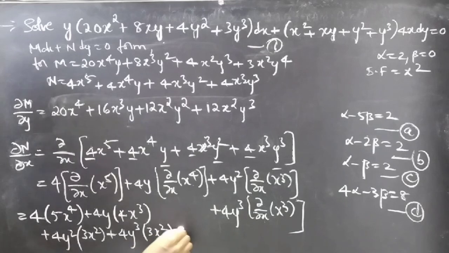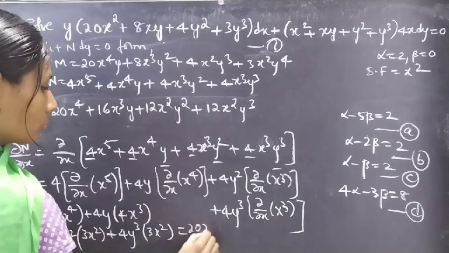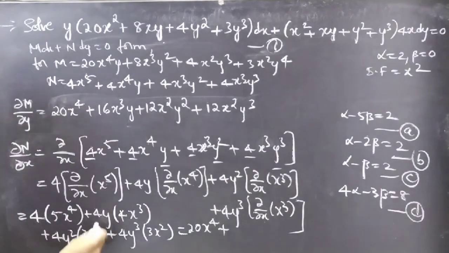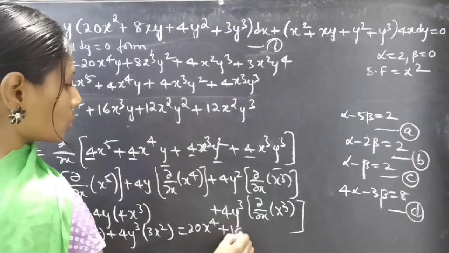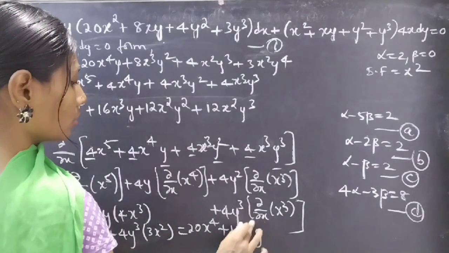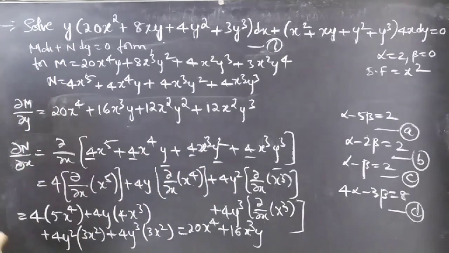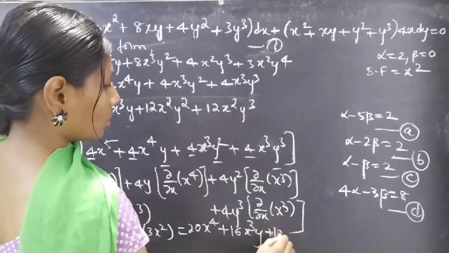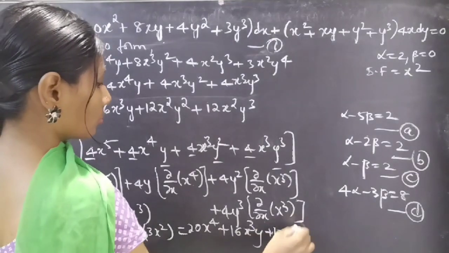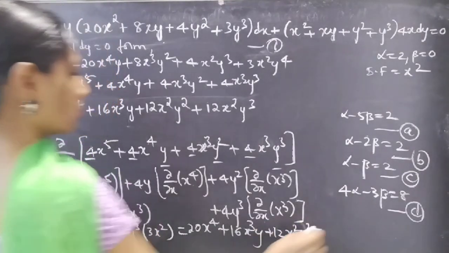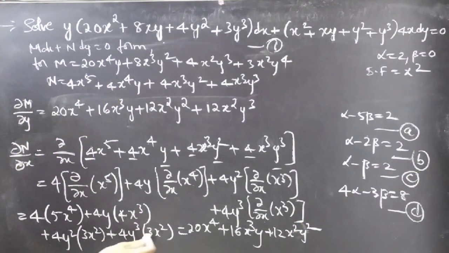Which gives us 4 5s are 20 x power 4 plus 4 4s are 16 x cube y, okay, plus 4 3s are 12 x square y square plus 4 3s are 12 x square y cube.